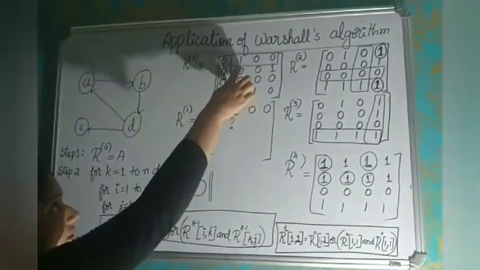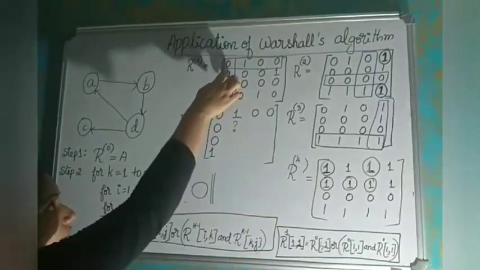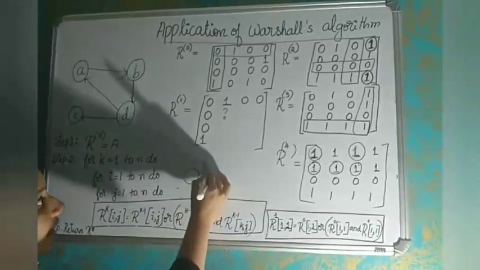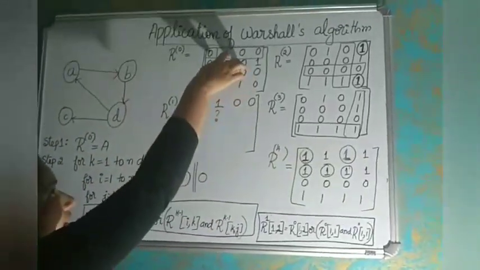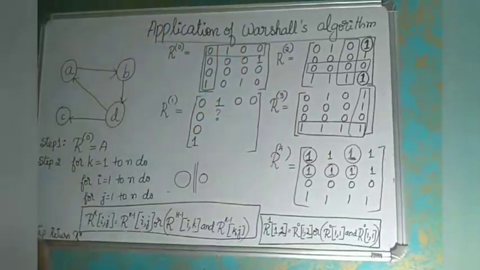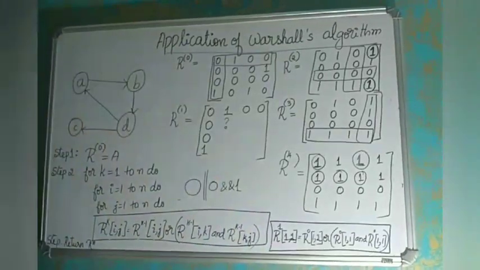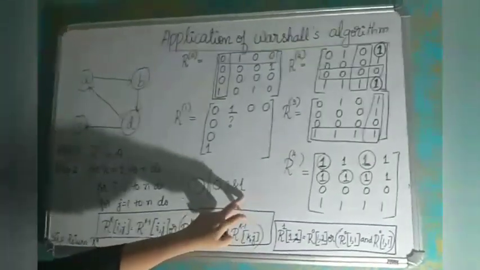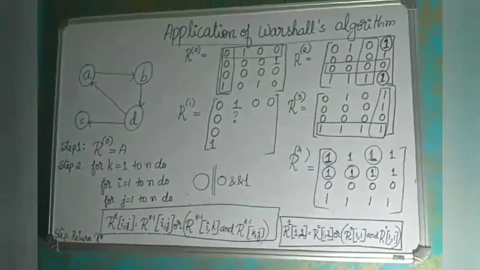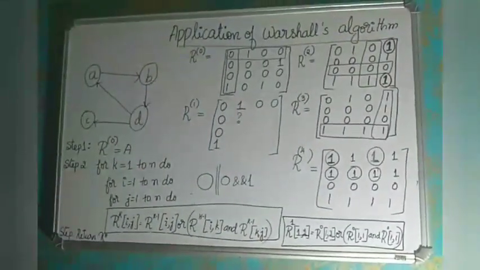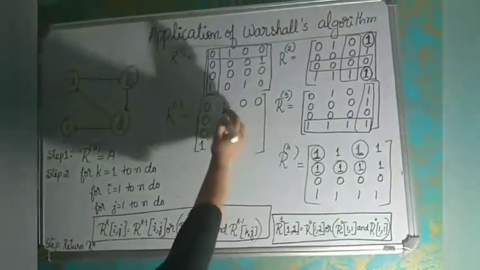In the same row, inside the box, we have got 0. And in the same column, inside the box, we have got 1. So 0 OR 0 and 1, what we get is 0. So I will write that as 0.